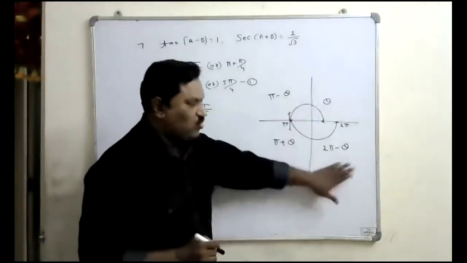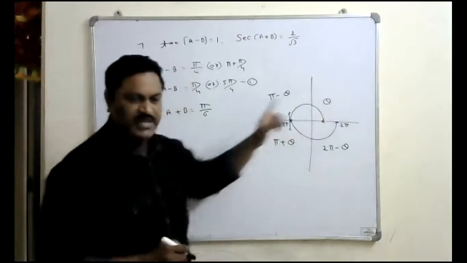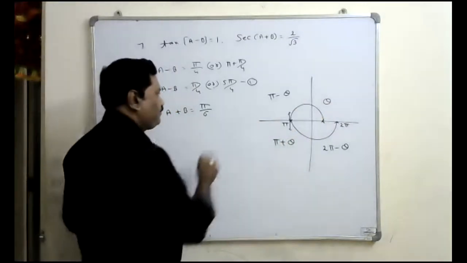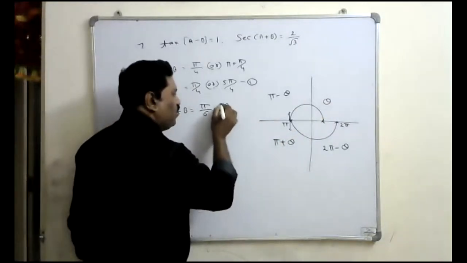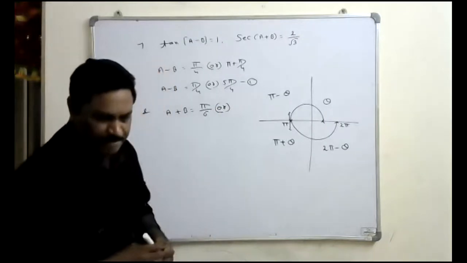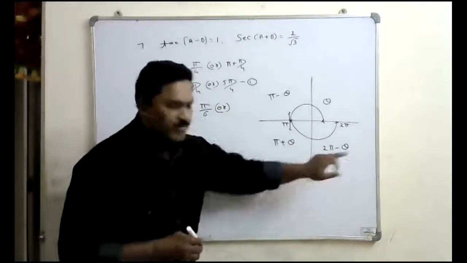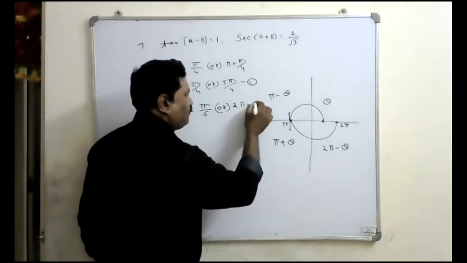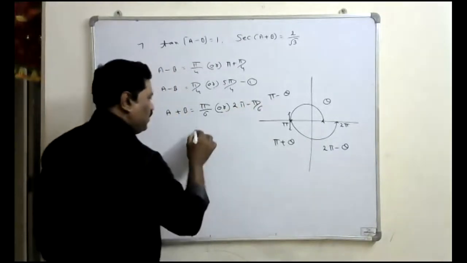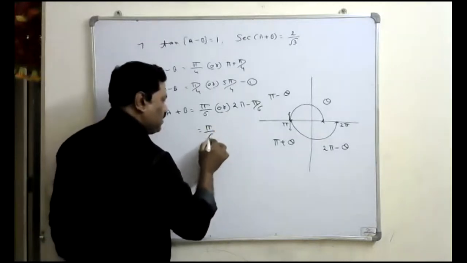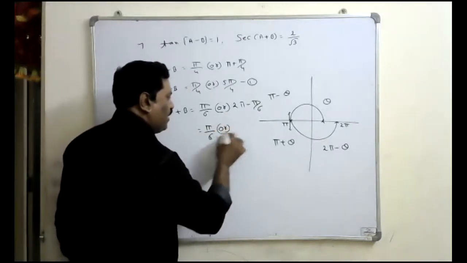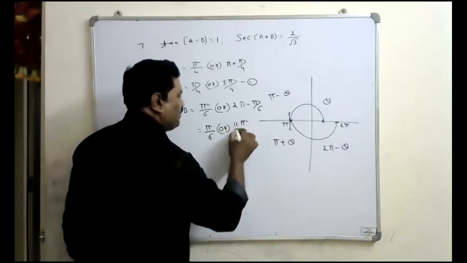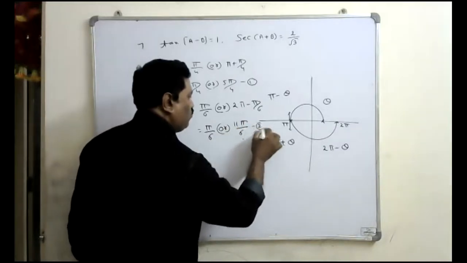First or fourth quadrant. First quadrant means it is pi by 6. Or fourth quadrant, that is 2 pi minus pi by 6, that is 11 pi by 6. That is equation number 2.